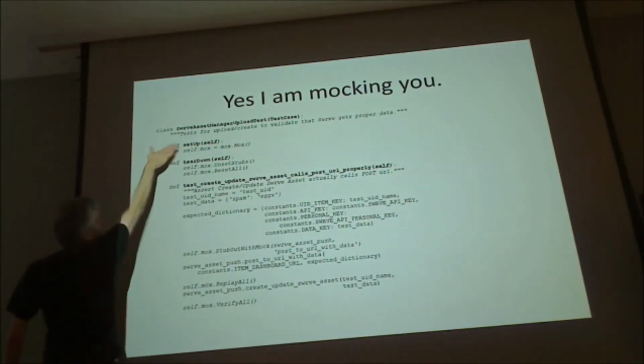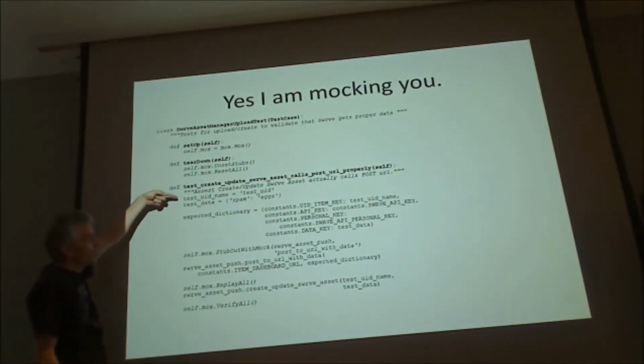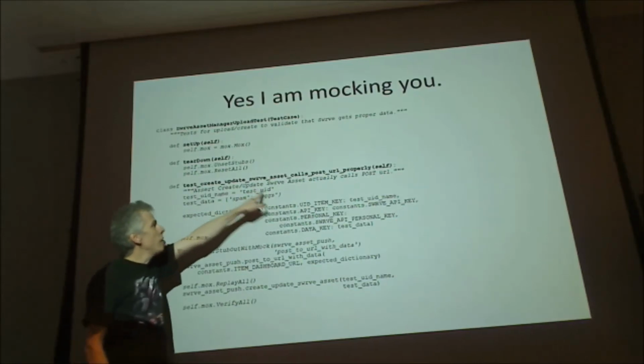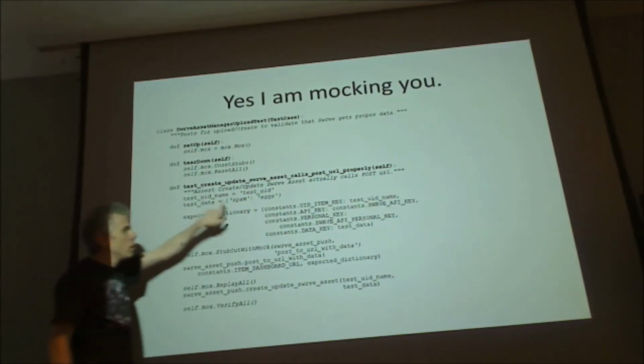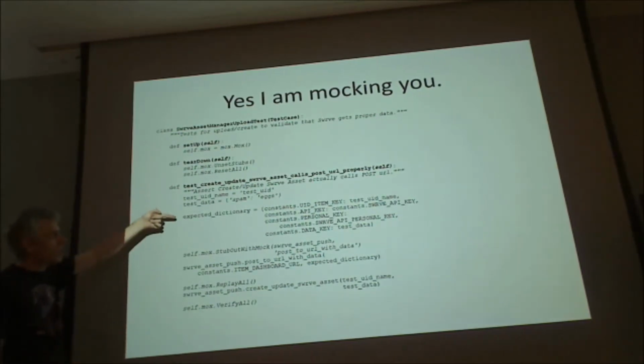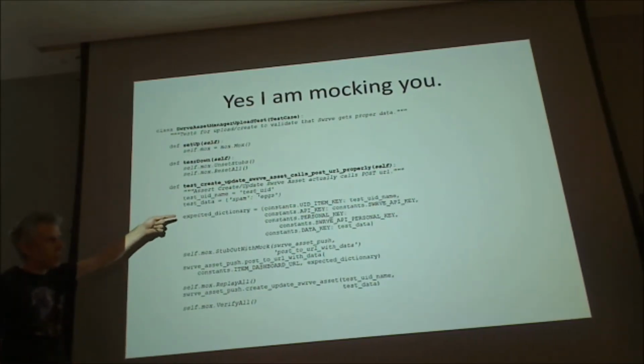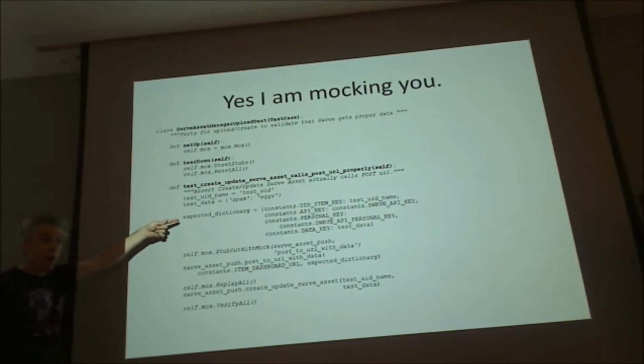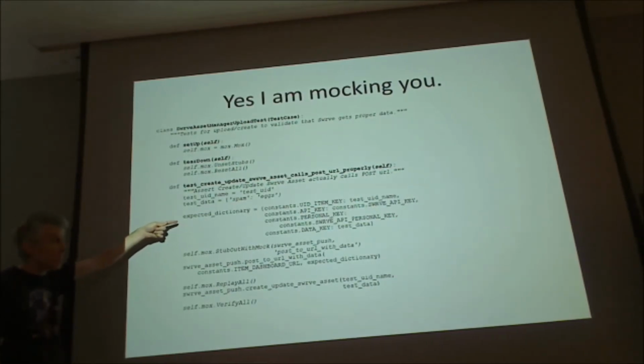All right, I already set up my mocks here so I can deal with it. Test UID name set to some test string, test data set to some test data. This is what I expect to be passed to my get URL function. I expect it to be given this.